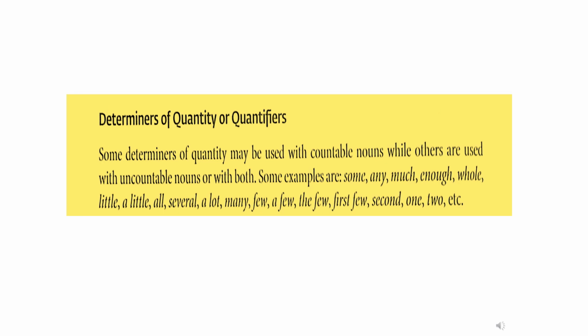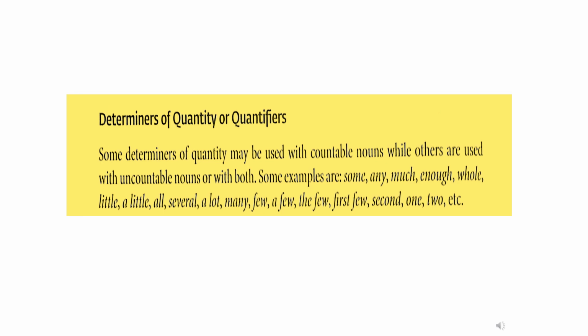Second one, determiners of quantity or quantifiers. Some determiners of quantity may be used with countable nouns while others are used with uncountable nouns or with both. Determiners of quantity or quantifiers tell us how much or how many. Some of these determiners are used solely with countable nouns while others are used with uncountable nouns.